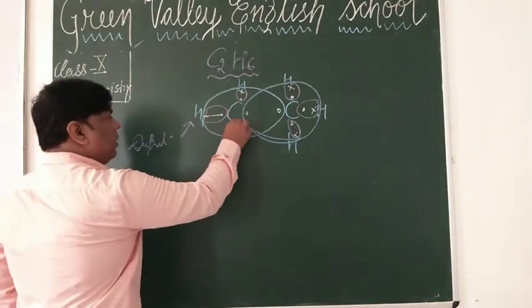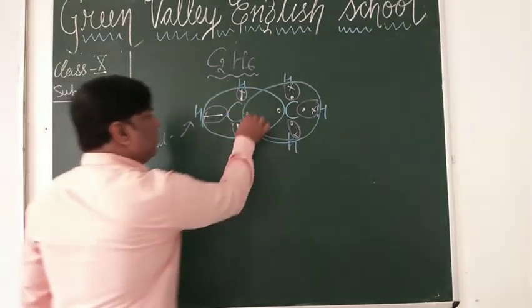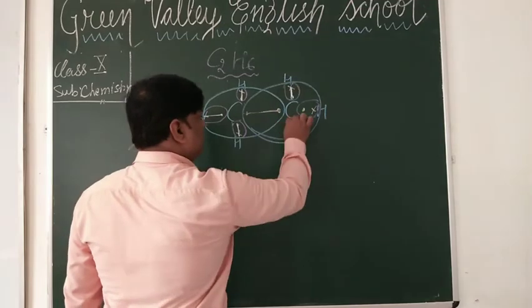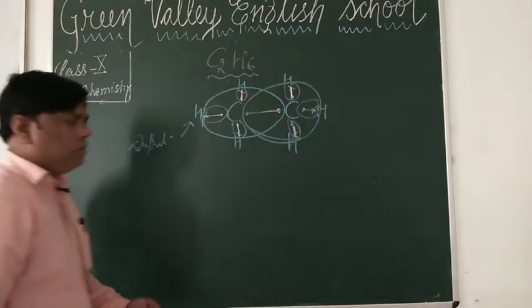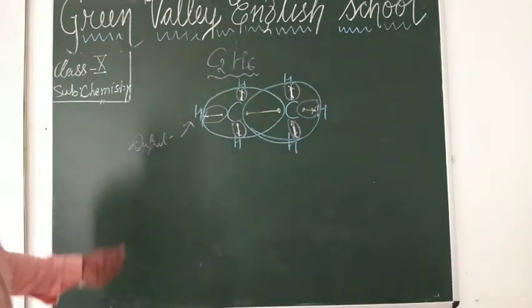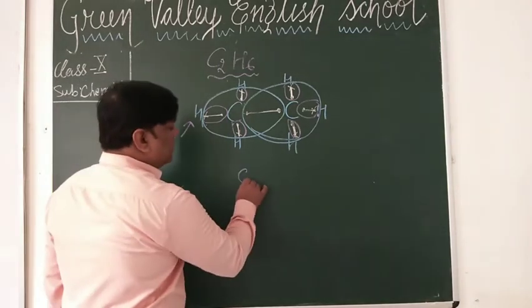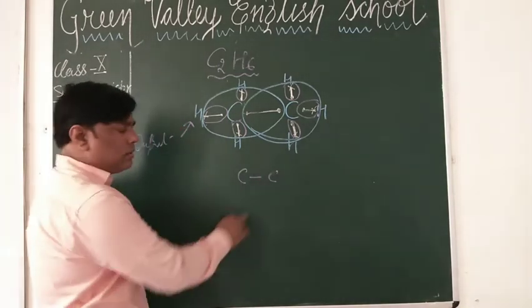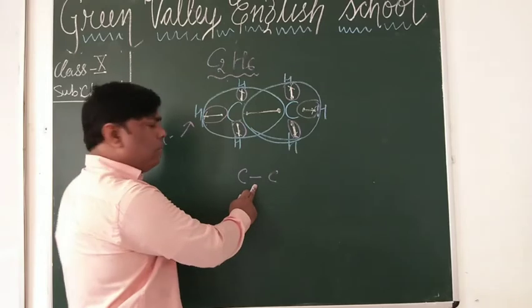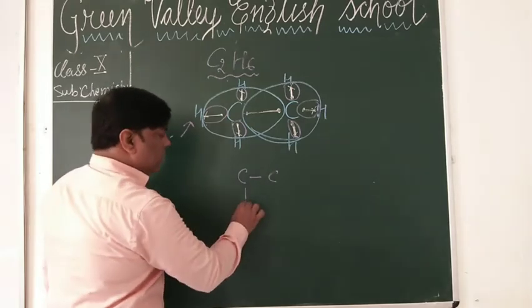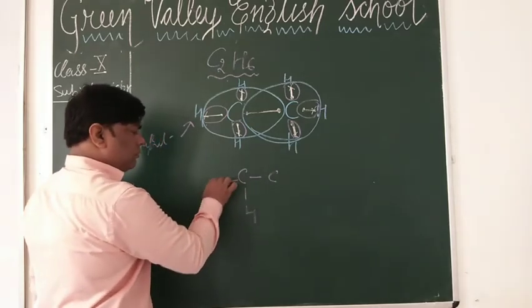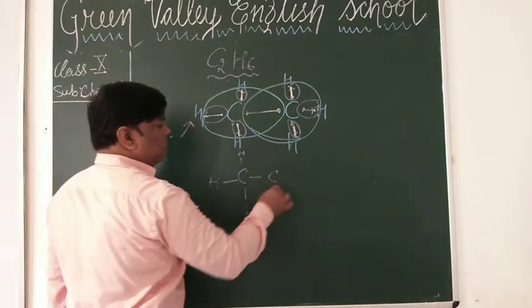It makes single bond, single bond, single bond, single bond, single bond, single bond. So structure of ethane is C, single bond indicates single covalent bond, that line. Hydrogen bond, hydrogen bond, hydrogen bond.